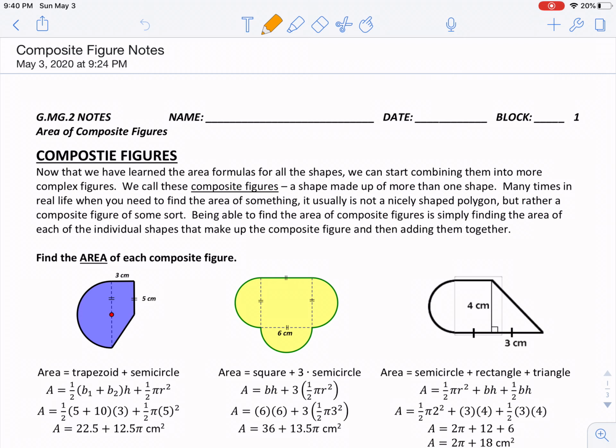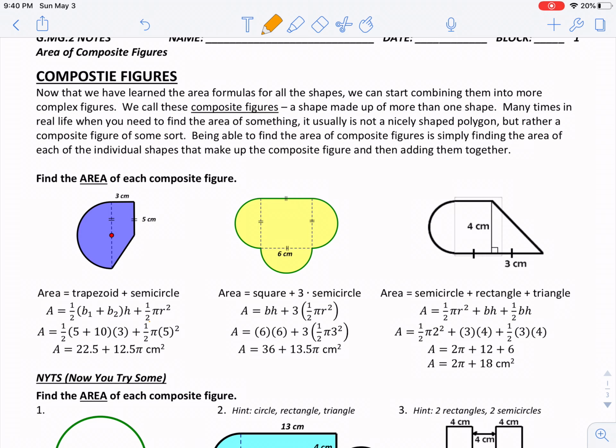All right. And if you notice, they have 3 that are worked out here. This first one, they split up into a trapezoid and a semicircle. Here's the semicircle part where they do 1/2 pi r squared. They know the radius is 5, so they plug that in and get 12.5 pi for that part. It's just what we just talked about. If we remember, since it's a radius, this side has to be the same thing.